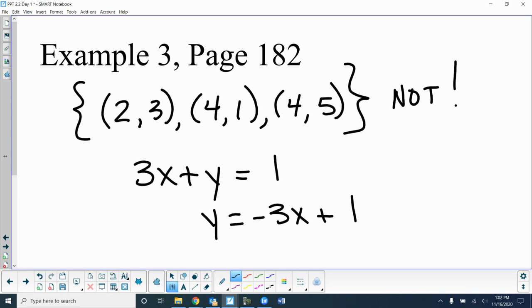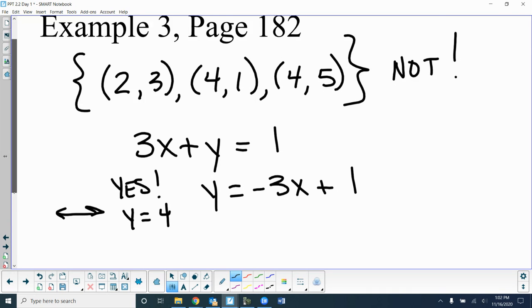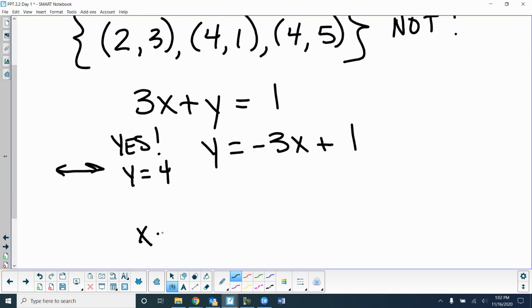The only line that's not a function is one that's vertical. So if you got an x and a y in it, yes, function. If you have just y, that's a horizontal line, that is a function. But if you got a vertical line, that means x is always 3, like (3, 1), (3, 2), (3, 3). So that x has more than one y. So that straight line would not be a function.